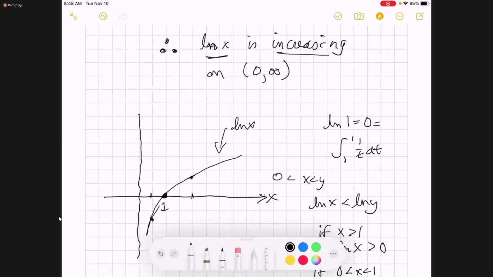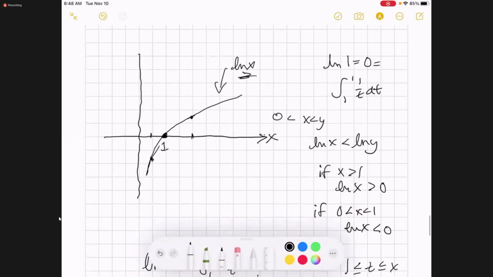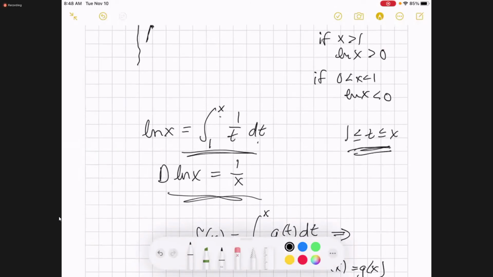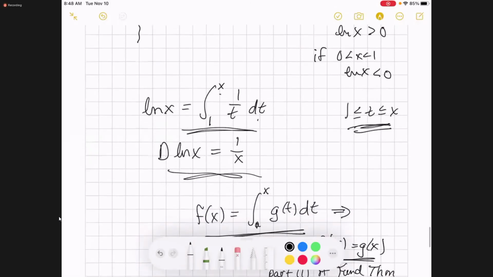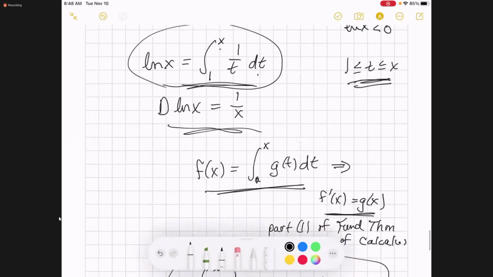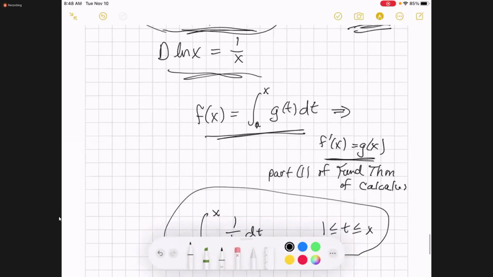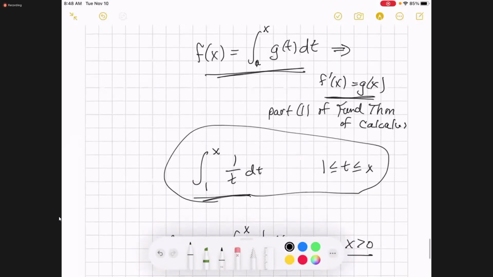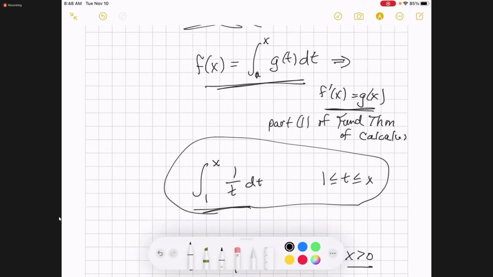are very much related. The derivative of ln of x is 1 over x, and that comes from the way we have defined ln of x and the fundamental theorem. So we already know what the derivative of this function is.